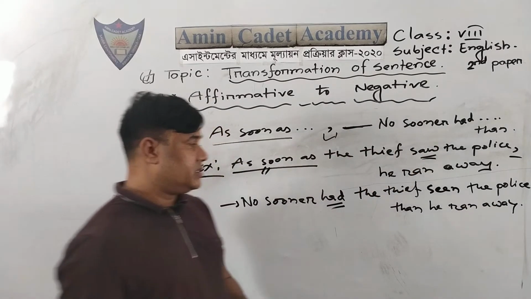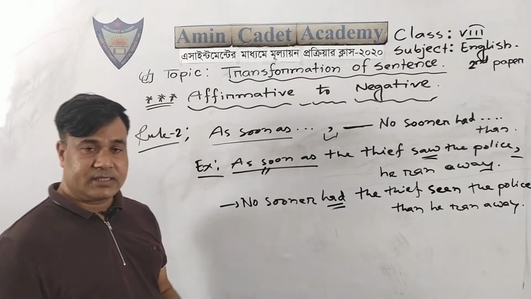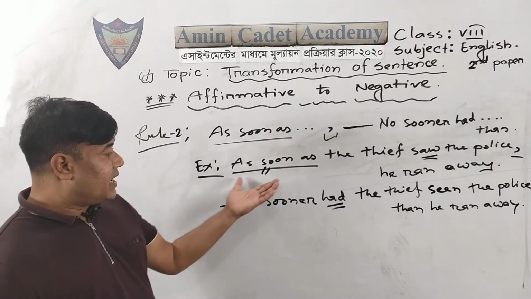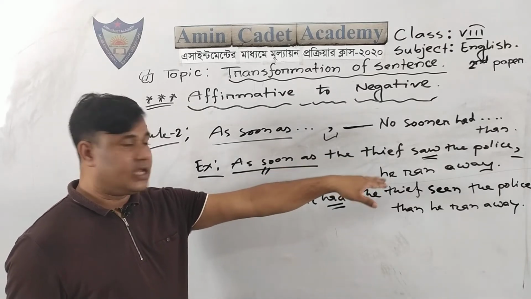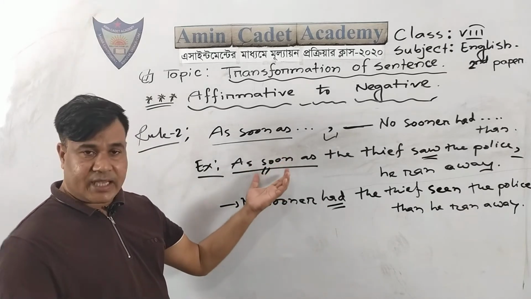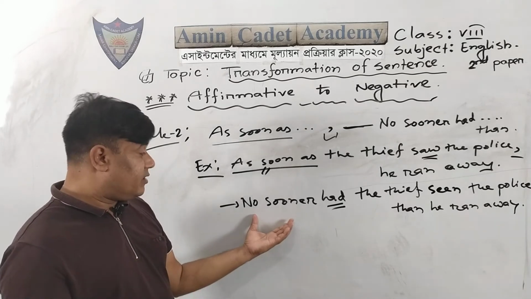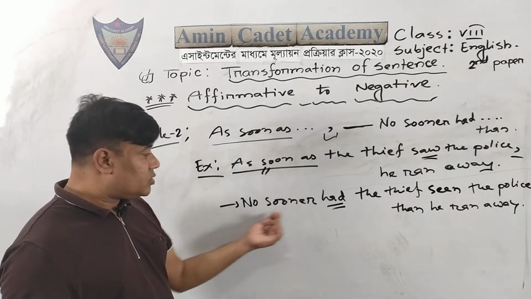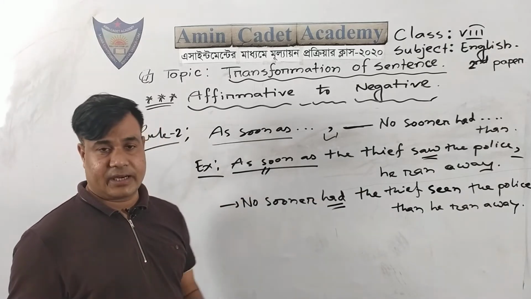So dear students, pay your great attention to this sentence again and listen to me. As soon as the thief saw the police, he ran away. If we want to say this affirmative sentence in negative form, then we should say no sooner had the thief seen the police, then he ran away.